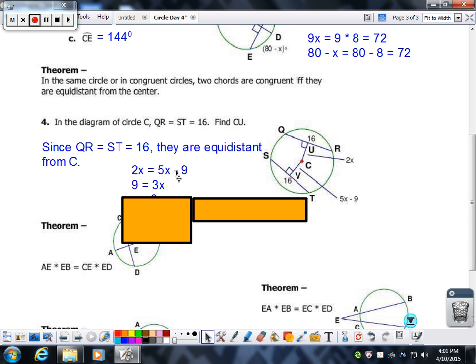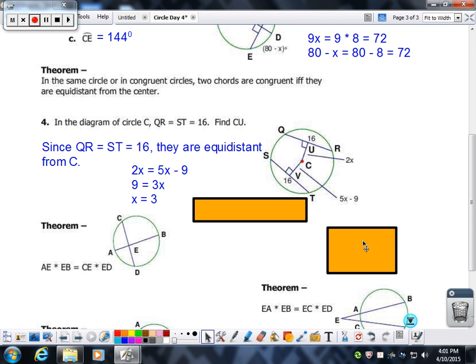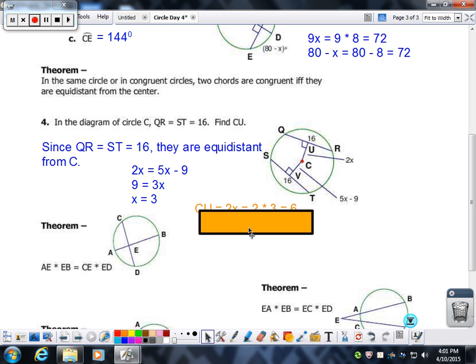If I subtract over the 2x and add the 9, I get 9 equals 3x, and then dividing by 3, I get x equals 3. But keep in mind, it's not asking what x is. We want the length of CU, and CU equals 2x, which is 2 times 3, which is 6.